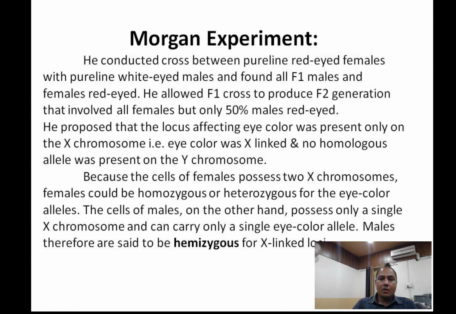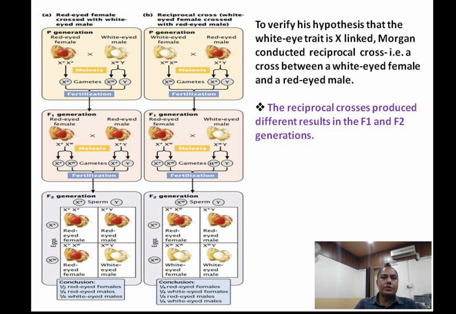So what was his experiment? We can see it in the diagram, which has two flow charts, A and B. In flow chart A, the original Morgan's experiment, the red-eyed female was crossed with the white-eyed male, and the F1 generation produced had all males and females red-eyed.